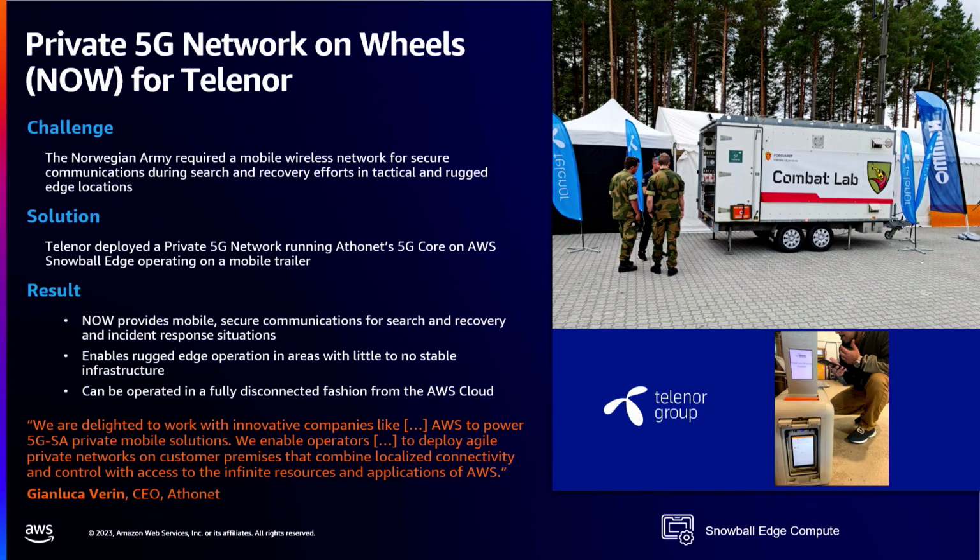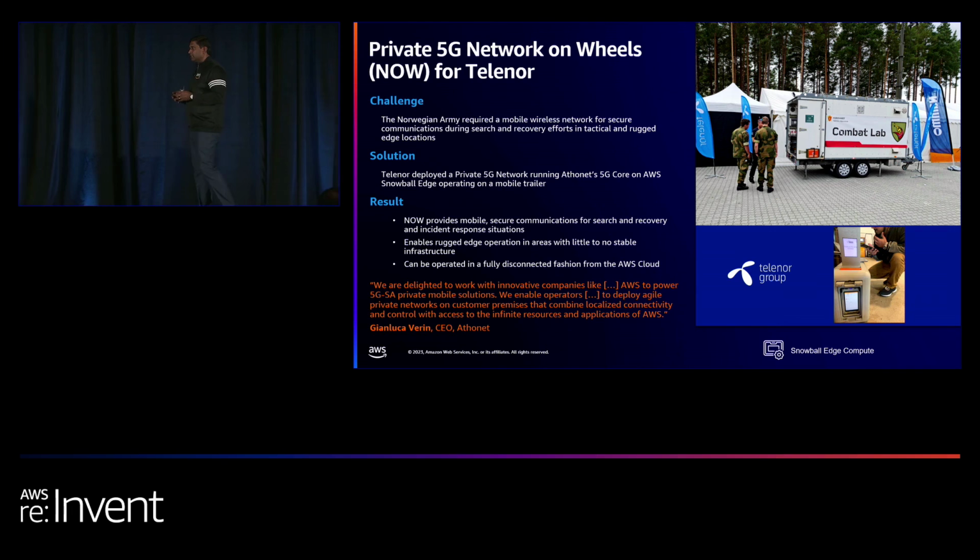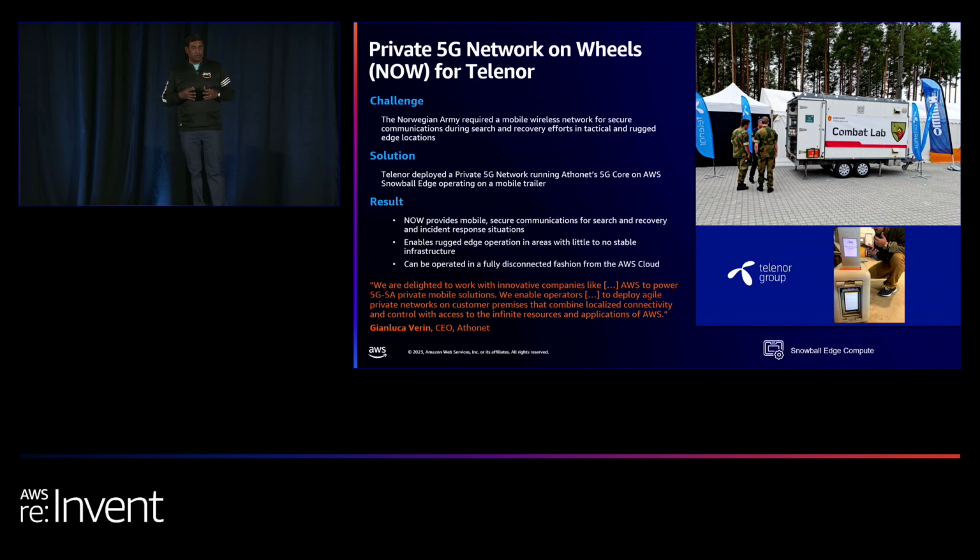Another example of operation at the rugged edge, showing data analytics and also a full private 5G network running on the Snow device, is with the Norwegian Army, where they created a network on wheels. So here you have a Snowball Edge with 104 vCPU running a full private 5G network, core and RAN, developed by our partners, and it still has additional compute capability to do edge compute, such as video analytics and image analytics.